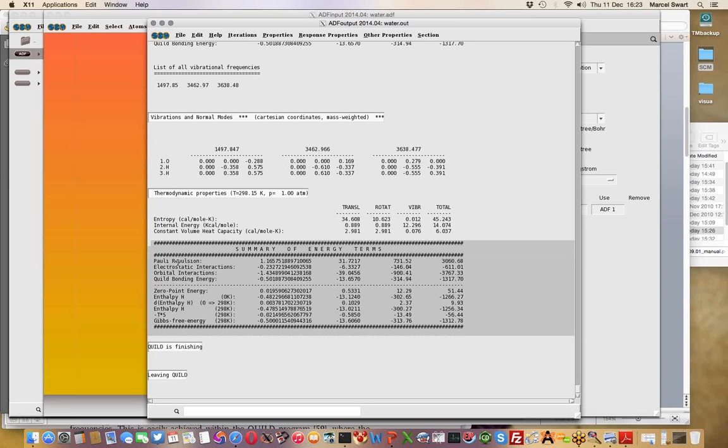So not only the components of the electronic energy, so the Pauli repulsion, electrostatic, orbital interactions, but also you get the zero point energy, the enthalpy at 0 Kelvin, the enthalpy at room temperature, the entropy, and the Gibbs free energy. These are all listed automatically at the end of the QUILD output when you do a frequency calculation.